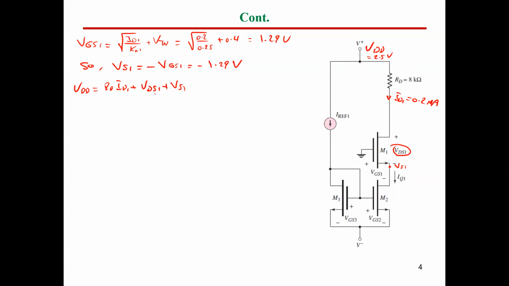Let's get VDS1 on the other side: VDS1 equals VDD minus RD times ID1 minus VS1.